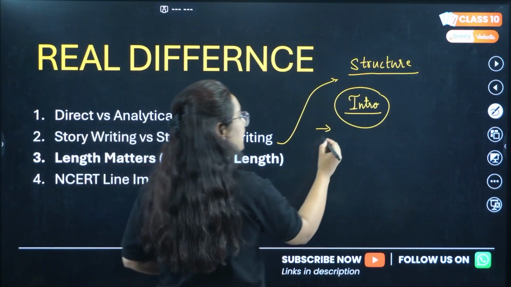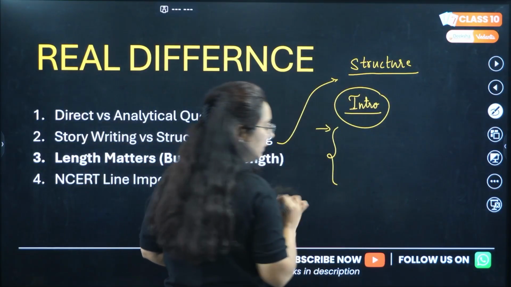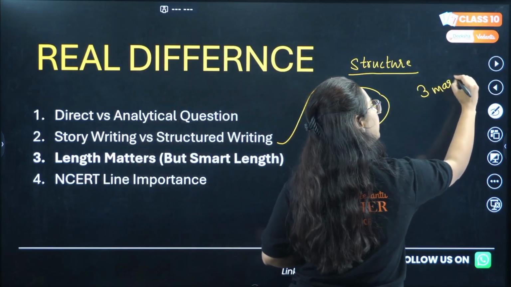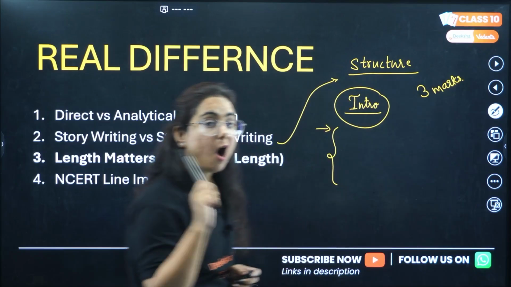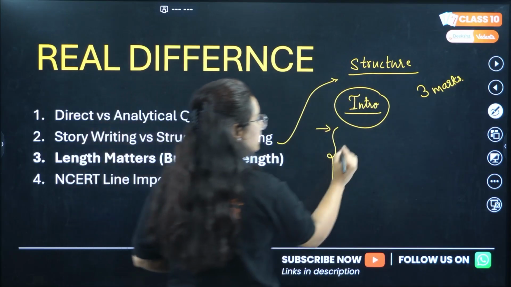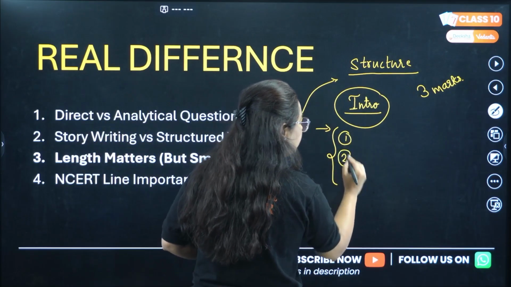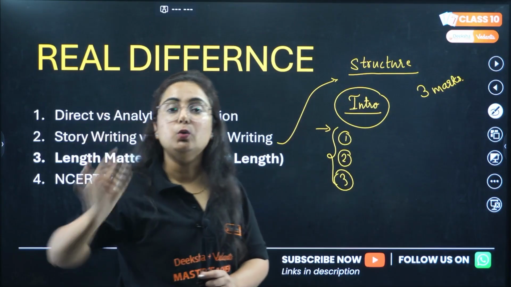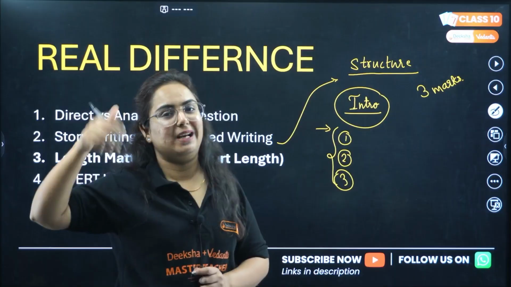Now comes the basic structure or body of an answer. If the answer is for 3 marks, how many points are you going to write? 3 clear points. Those 3 clear points must be different from each other. Do not repeat it. The teacher is smarter than you.